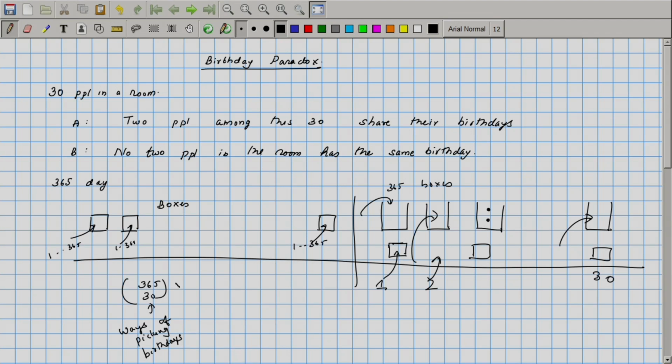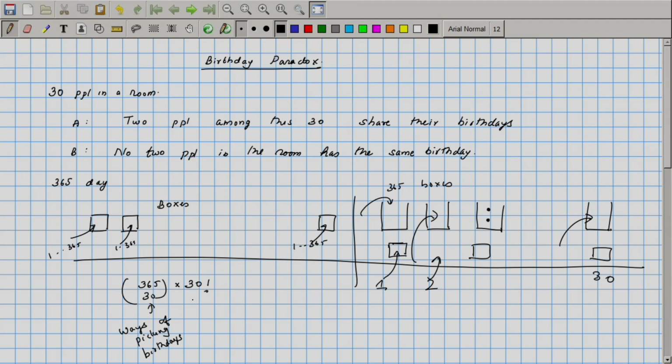So, 365 choose 30 times 30 factorial is the total number of ways of assigning the 30 people in the room to 365 days so that no 2 people are assigned the same day.